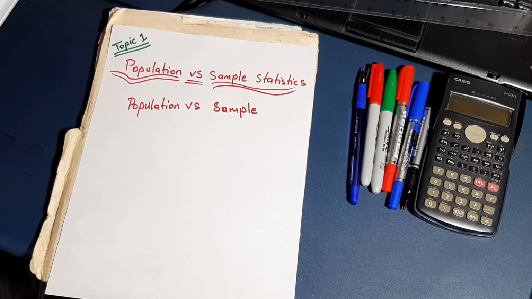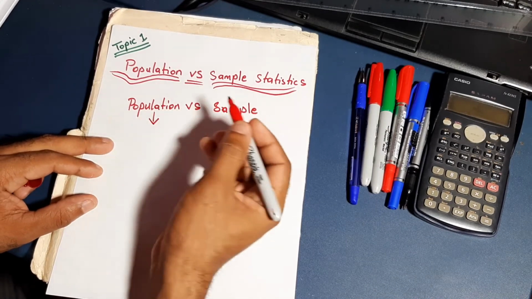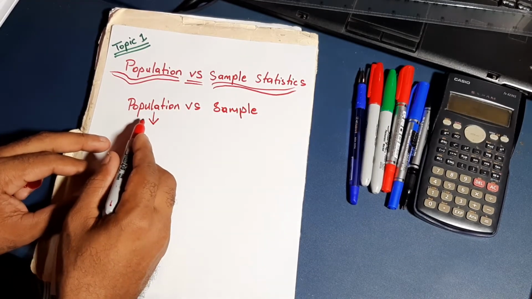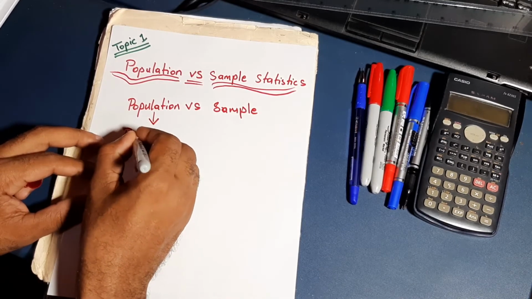Now, for example, we are going to calculate a feature, like say we have a population of cows, and we're going to calculate a feature, like the mean weight of the cows. Calculating one feature of the population, the name given to that is a parameter.